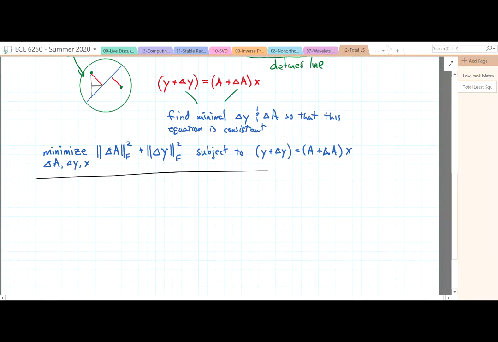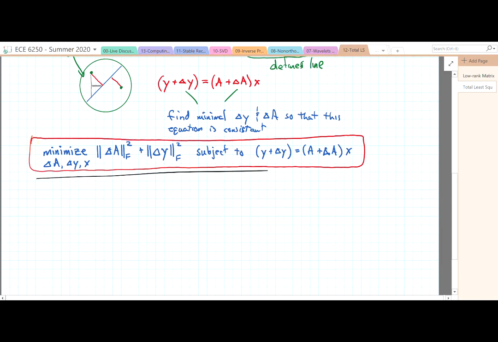Okay, solving total least squares. What we're trying to solve is this minimization here.